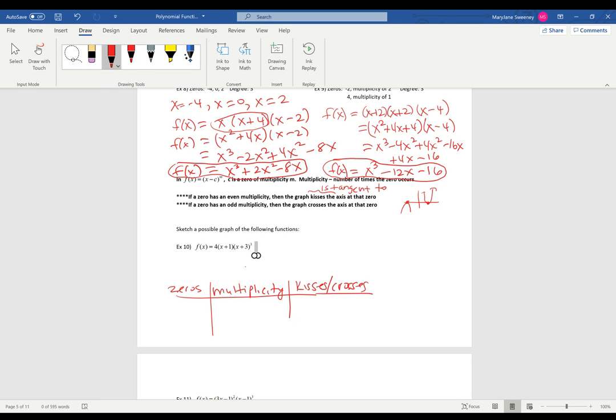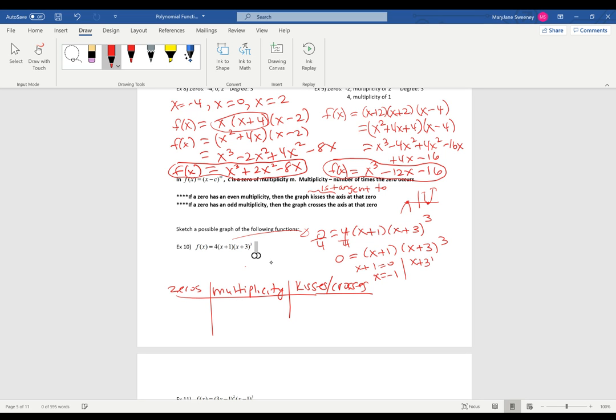Okay, the zeros. Well, let's think about it. If you took this function and set it equal to 0, to solve this you would divide out the 4, and then set both factors equal to 0. So you'd set x + 1 equal to 0, you'd get -1.